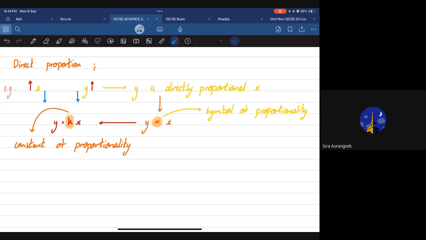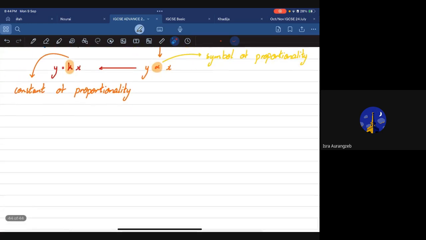Now let's do a question. We are doing direct and inverse proportion. Let's do a question. The internet is really slow, guys, so just give me a moment.